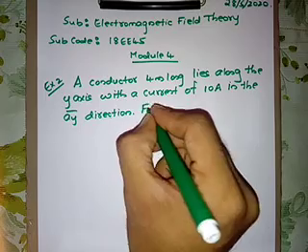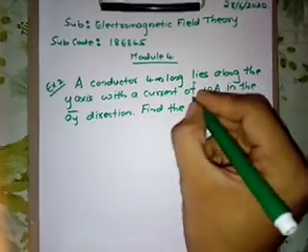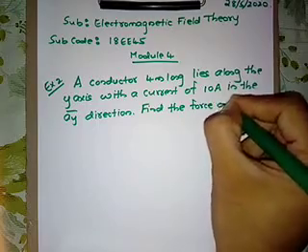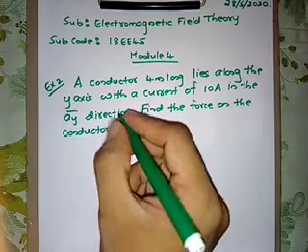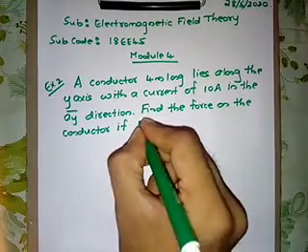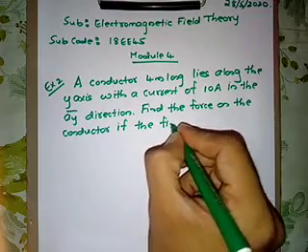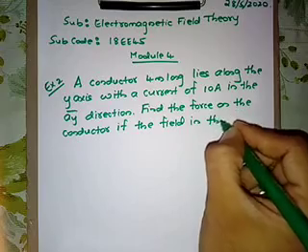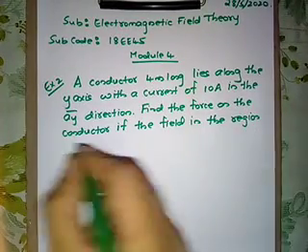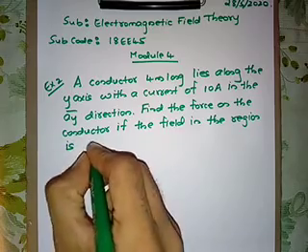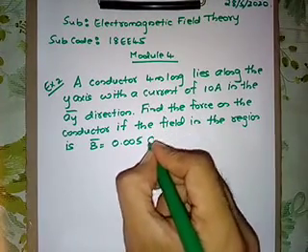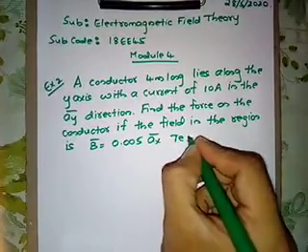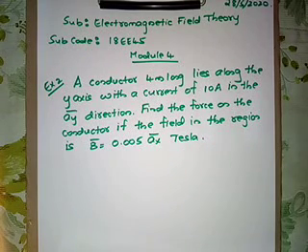Find the force on the conductor if the field in the region is B bar equal to 0.005 AX bar Tesla, right?